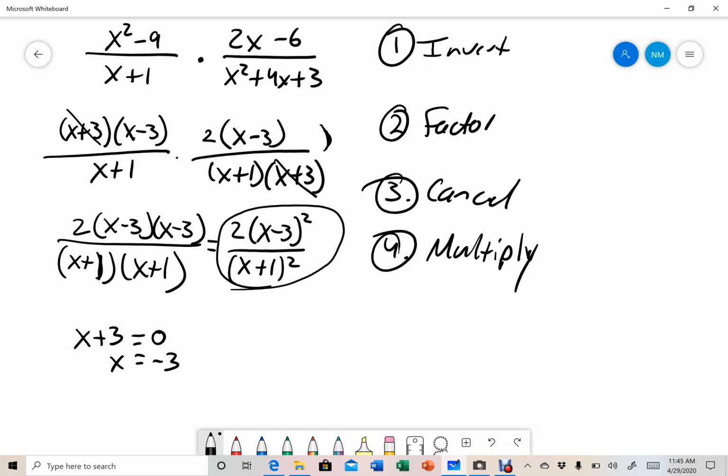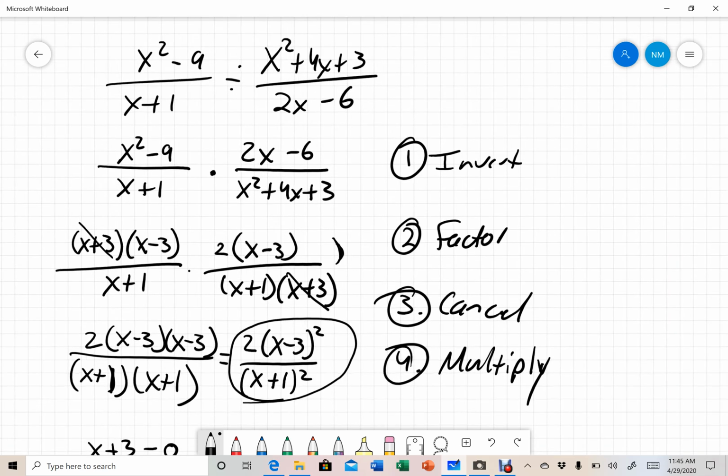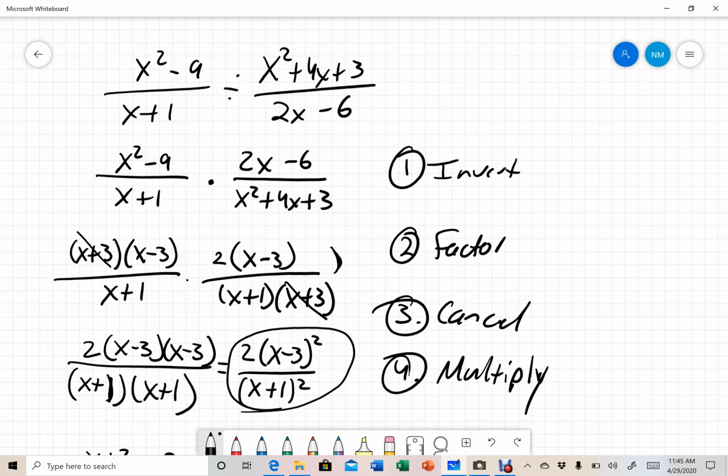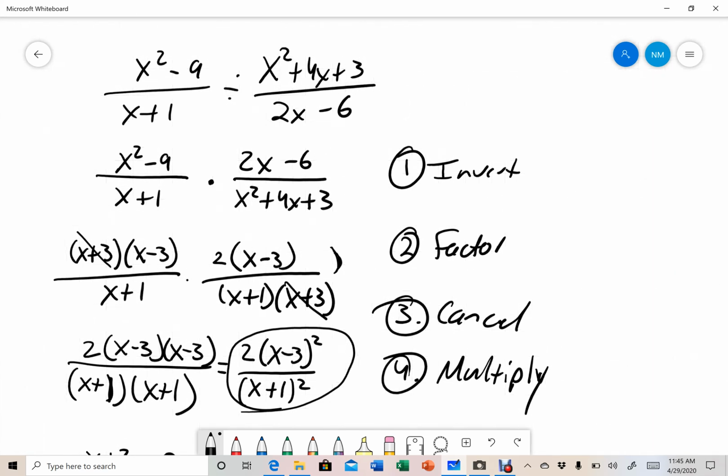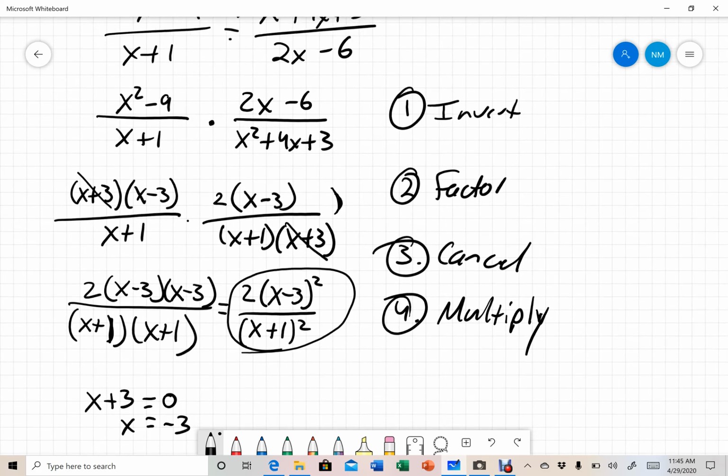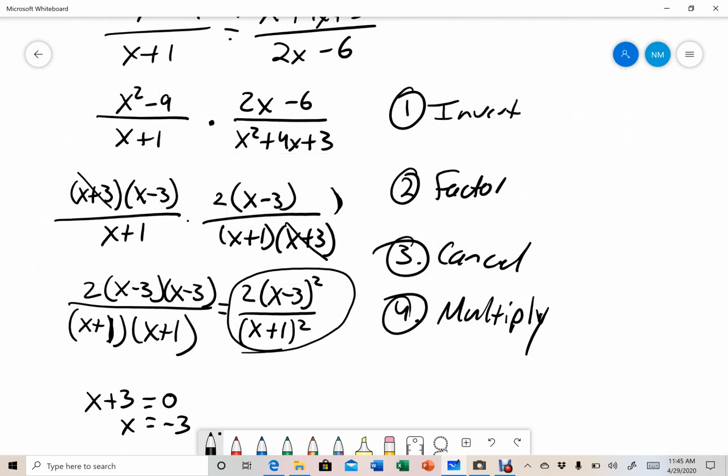Now again, let me repeat that. We originally had this fraction, where our 2x was in the denominator. We inverted it so that now it's in the numerator and no longer in the denominator. But at some point, this was in the denominator.